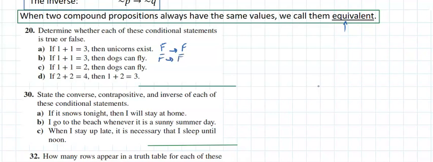Well, they can't fly. If 1 plus 1 equals 2, that is true, then dogs can fly. Dogs cannot fly, except for superpowers. And if 2 plus 2 equals 4, that's true, then 1 plus 2 equals 3, that's also true.